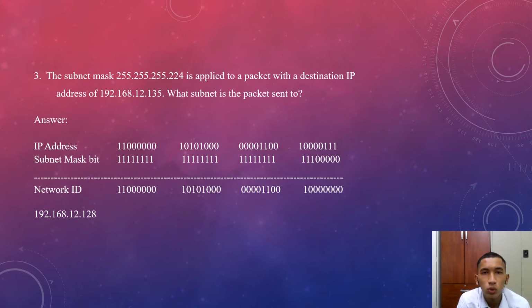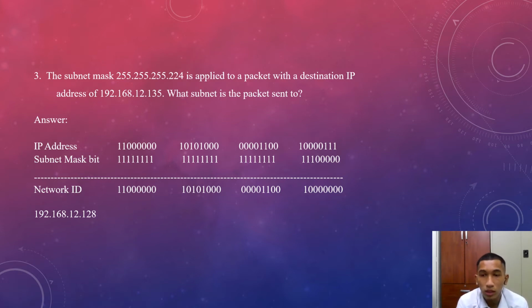Alright, for question number 3, the subnet mask 255.255.255.224 is applied to a packet with a destination IP address of 192.168.12.138. What subnet is the packet sent to? The answer comes from the IP address.